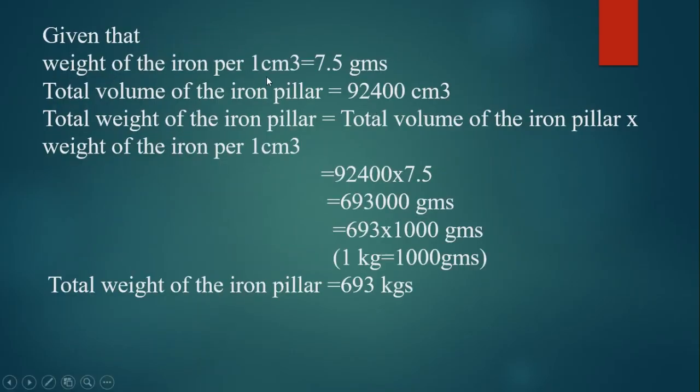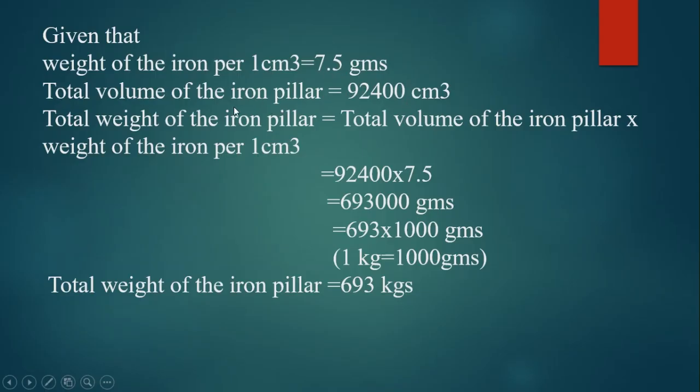One more point. Weight of the iron per 1 cubic centimeter is 7.5 grams. So total volume of the pillar is 92,400 cubic centimeters. For 1 cubic centimeter weight we know 7.5 grams. So for these many cubic centimeters, what will be the weight?